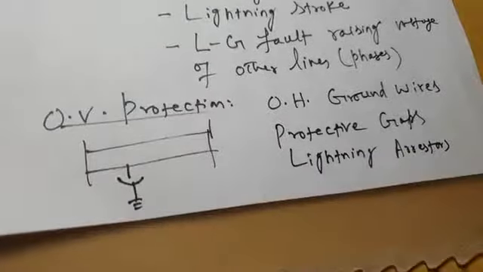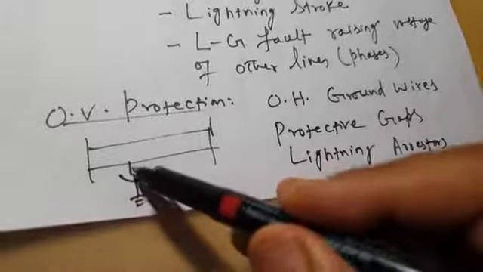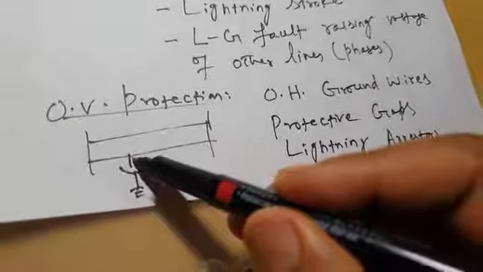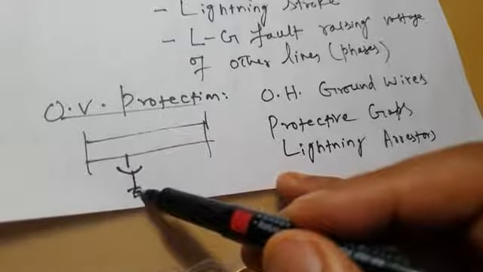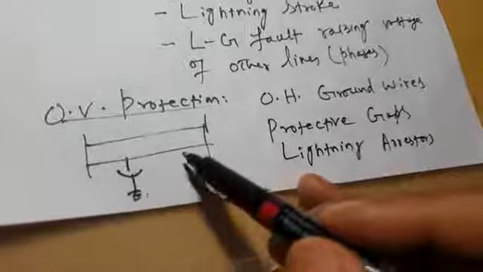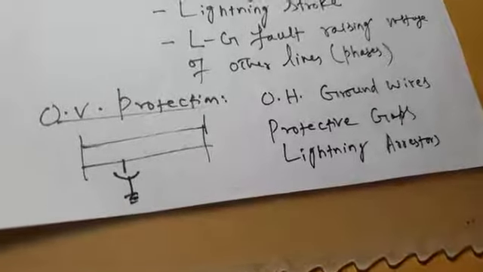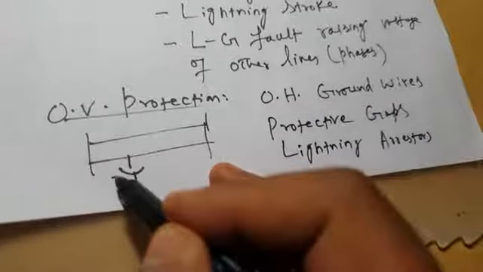That air gets ionized, and all the energy is grounded through this, because this protective gap is grounded, and that protects your AC system from overvoltage.